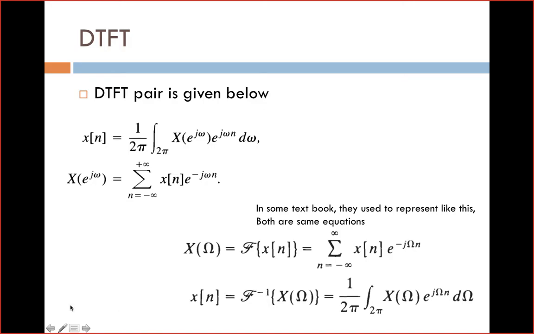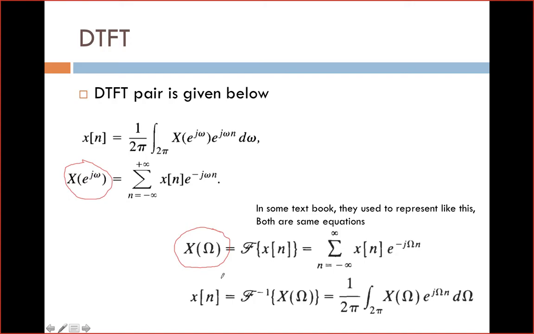These are two important equations we need to remember when we are solving problems related to the DTFT. And of course, I just want to tell you an important thing related to the equation. Oppenheim and Schafer call the DTFT X of e power j omega, but we have a lot of textbooks on signals and systems, and you can even find some books that represent it as X of capital omega.